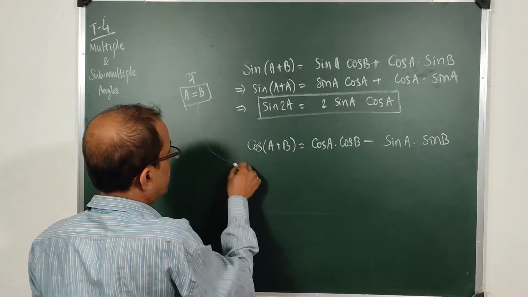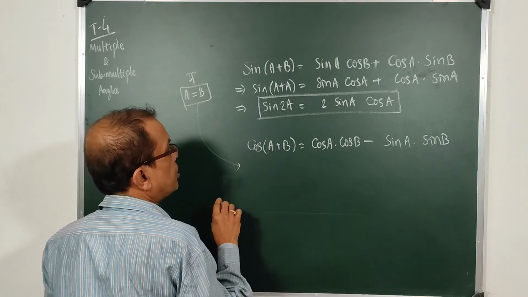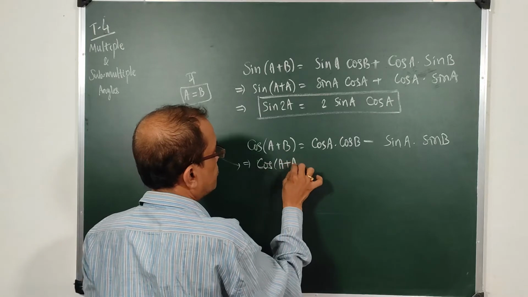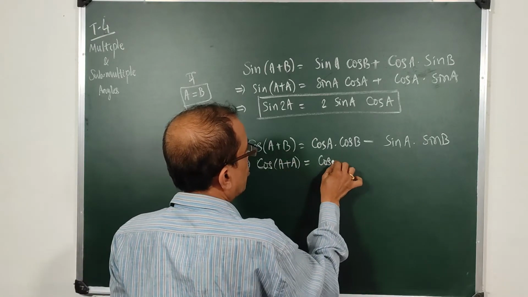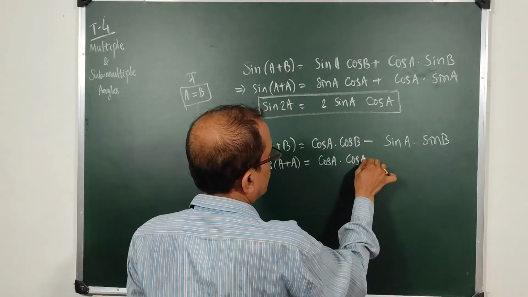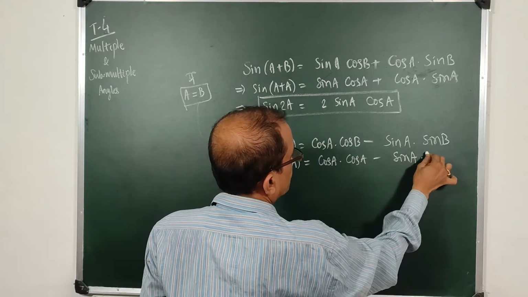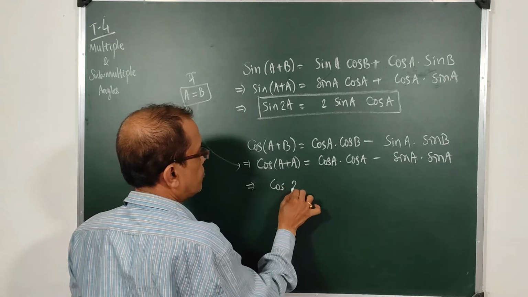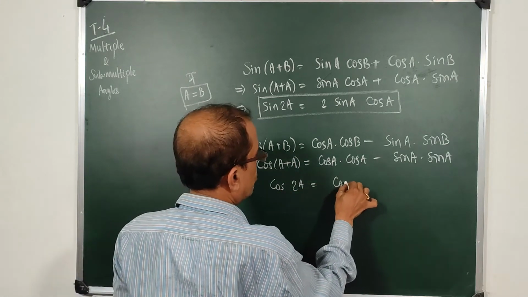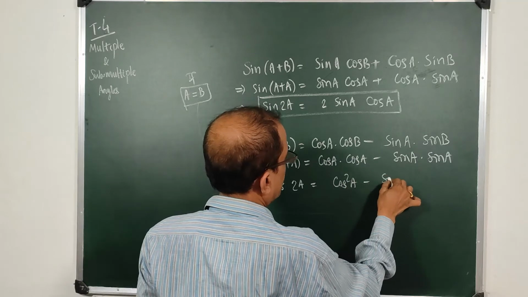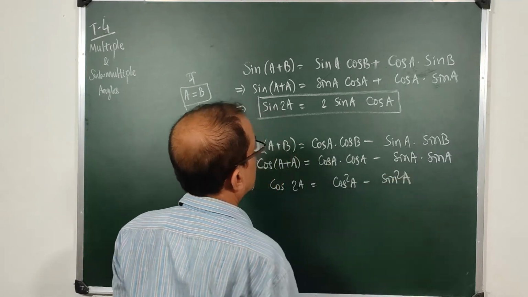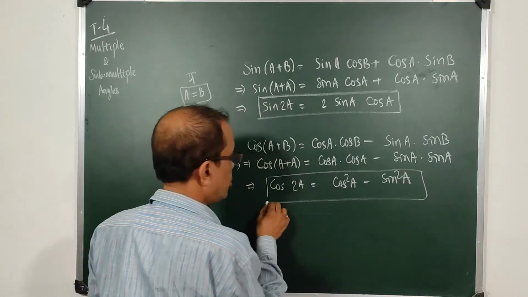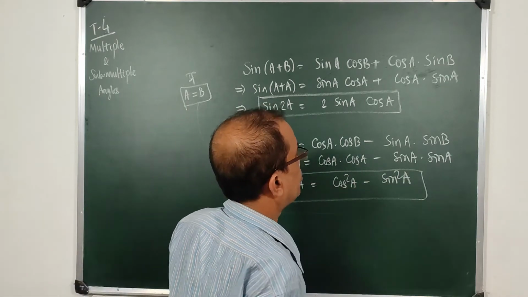Employing the same technique here, we replace b by a, so we get cos of a plus a is cos a into cos a minus sin a into sin a. That means cos of 2a is cos square a minus sin square a. And the formula does not end here, because we know that sin a and cos a are interchangeable.